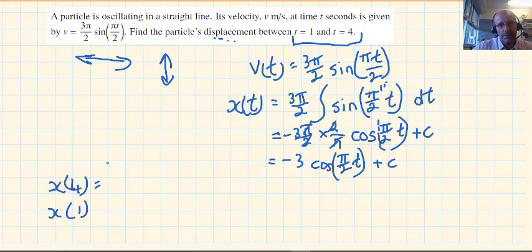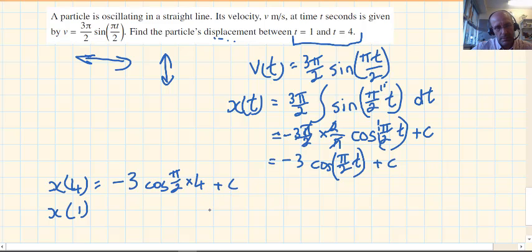One way of dealing with this is to find x at t equals 4 and x at 1. So we sub those in, like so.